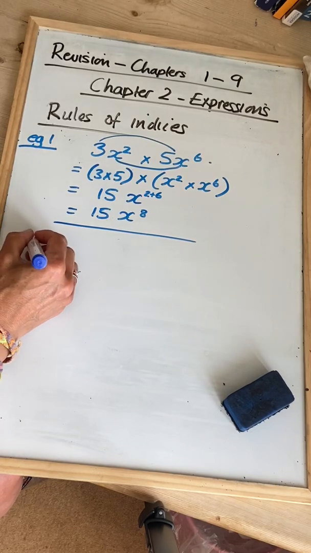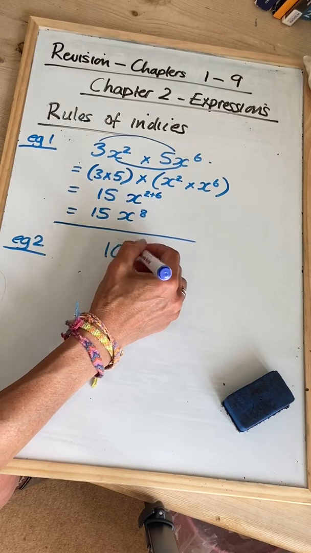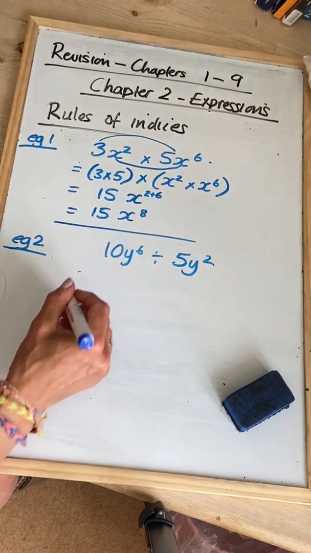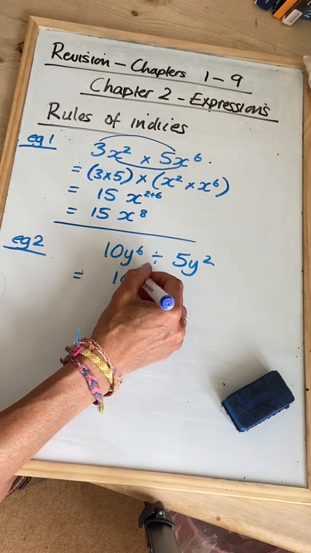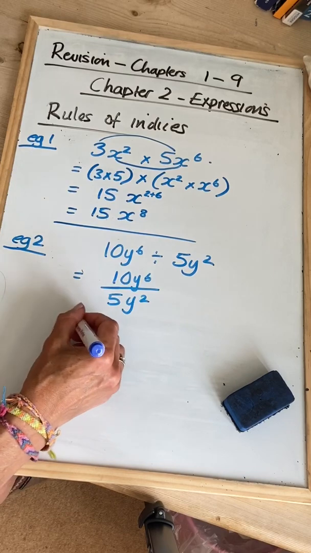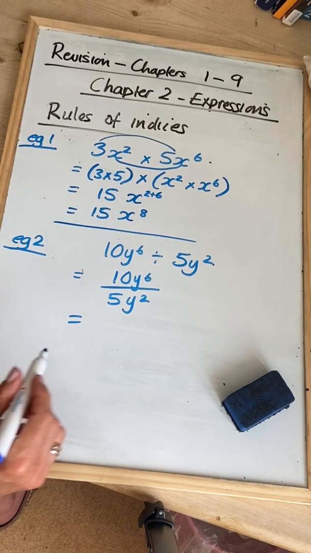Now an example for the division. So I've got 10y to the 6 divided by 5y squared. Remember, I like to write these as one over the other, but you don't necessarily need to, but I find it easier. So again, we're going to deal with the numbers.